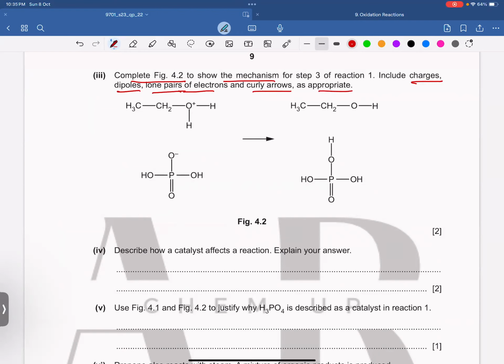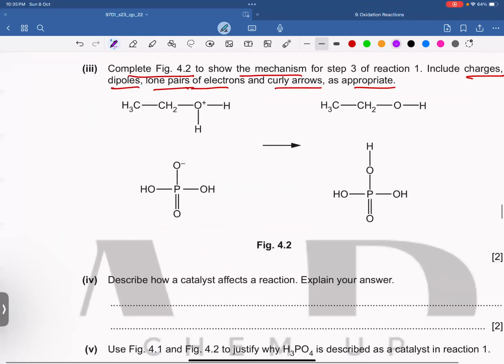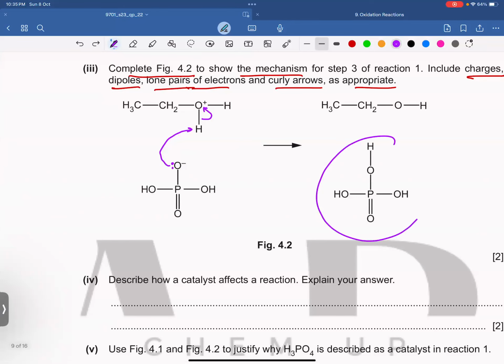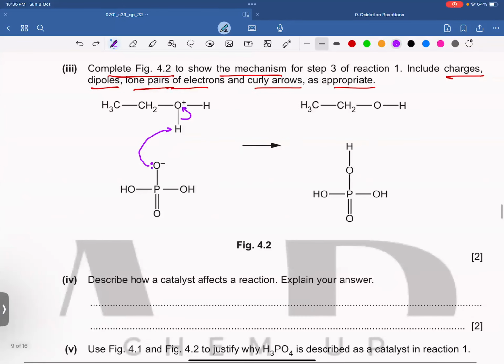Okay, so if you see over here, this oxygen must have a lone pair of electrons, and from this lone pair of electrons, it is going to attack this H, and as a result, this bond is broken heterolytically by the oxygen as it takes this bond pair towards itself. As a result, we will get this molecule, and this H is bonded to oxygen now, making this. Is this clear?